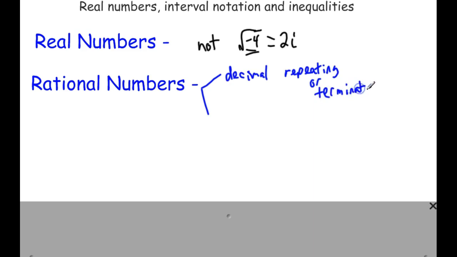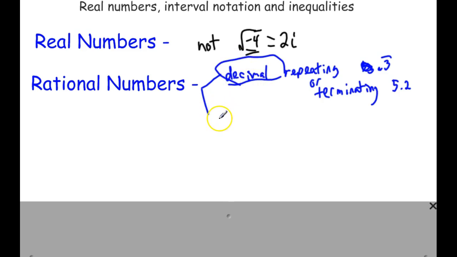Terminating meaning it stops, like 5.2. It would be a terminating decimal. Repeating, something like 0.3 repeating. That would be a repeating decimal. So that's one way of defining it.